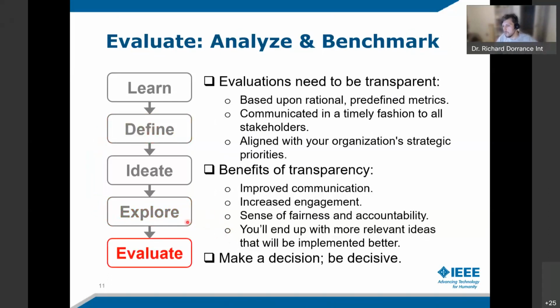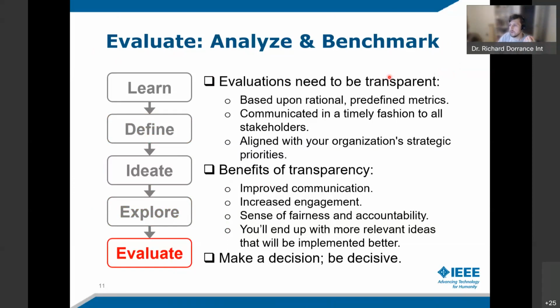Now, we've talked about this, but once you've done this prototyping, you've done this testing, you've got your KPIs and you're measuring, you need to go through a final step of evaluating that research and the performance, being able to benchmark it. And there are a few very important steps.